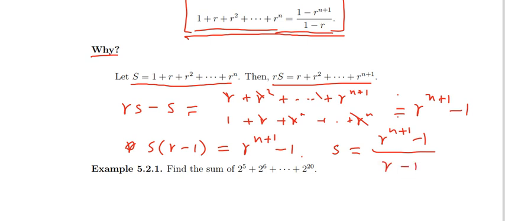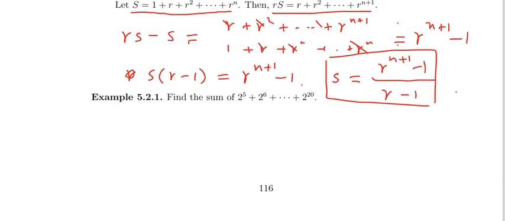Sometimes we write it this way, sometimes that way. These two are just the same. It depends: if R is less than 1, we maybe use this; if R is larger than 1, use this. Using this, we can find the sum.